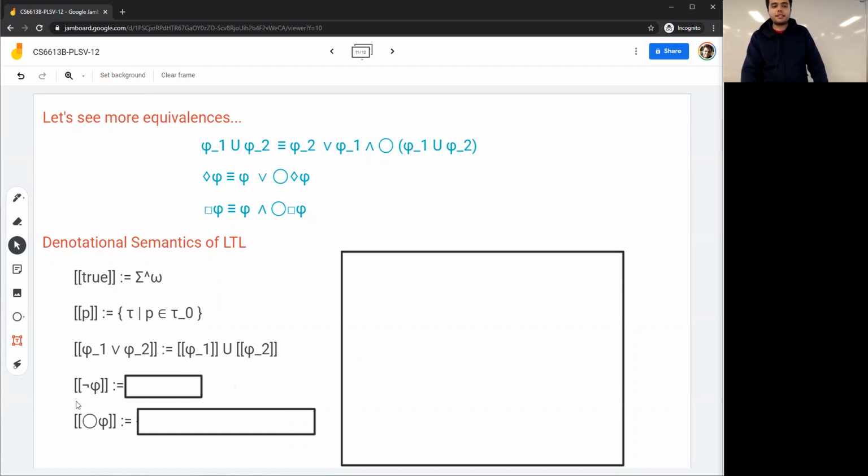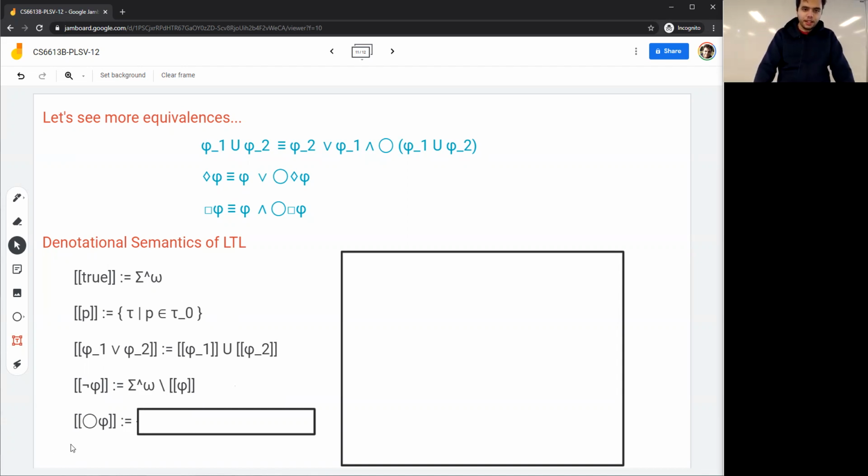Okay. And similarly, when we're talking about negation, a trace satisfies negation of phi if it does not satisfy phi. So the meaning or semantics of negation of phi is just all those infinite traces that are not in the semantics of phi.